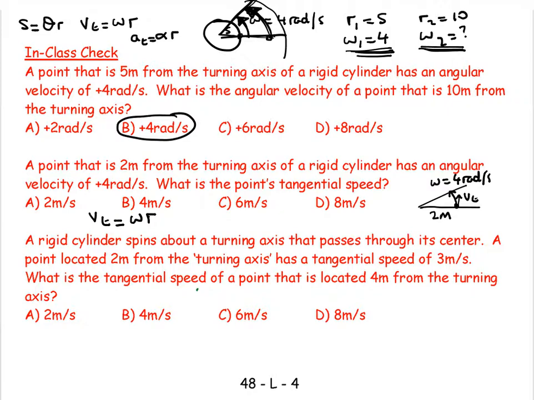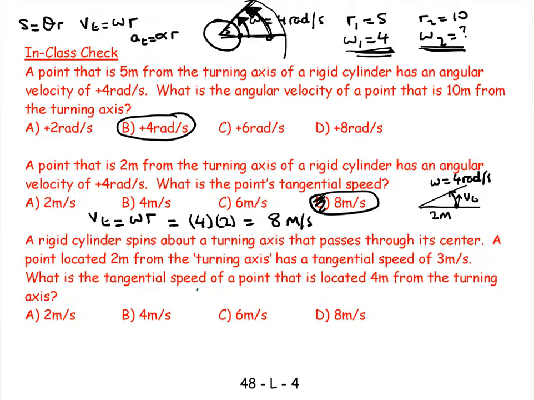So we have Vt equals omega times R. This is equal to omega, which is 4, times R, which is 2, which equals 8 meters per second. So there's my answer for that one.